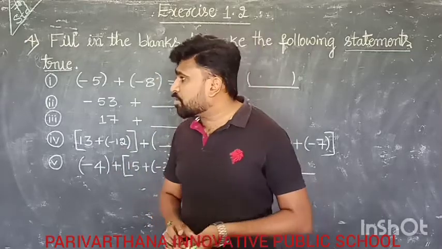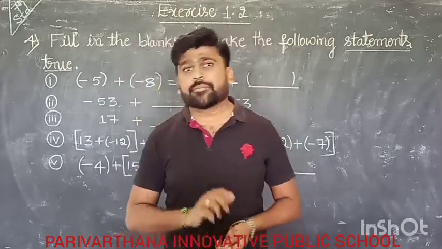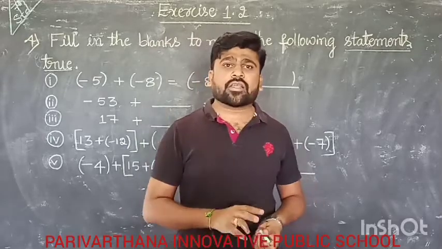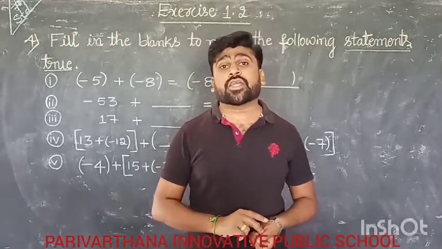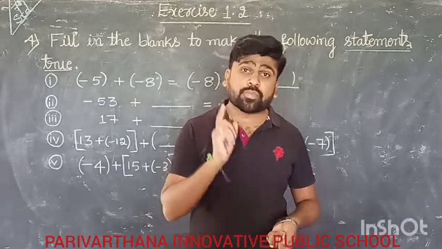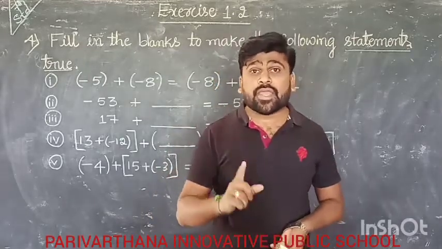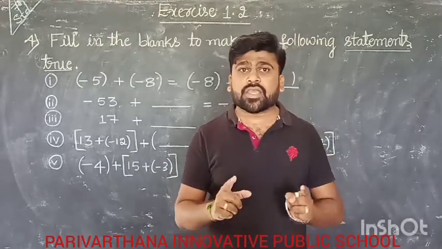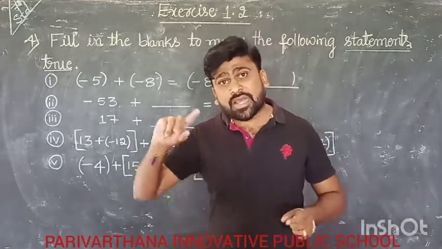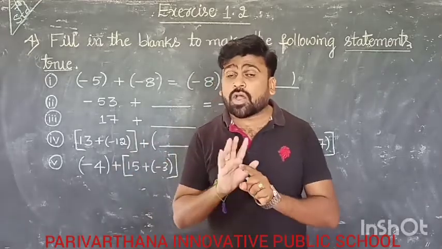That is A plus B is equal to C. And the second property is commutative property. That is A plus B is equal to B plus A. First A, then we add B, answer, and B plus A, answer, both are the same.